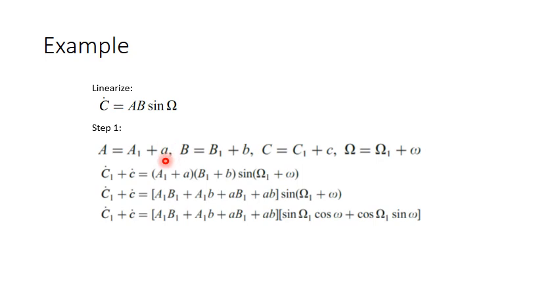This is the perturbation value, times B. So B will be replaced by the steady state value B1 plus the perturbation value small b, times sine omega. This is the steady state omega 1 plus the perturbation, which is a small omega. So when multiplying out, we get this line. So with more simplification, after extracting this trigonometric function, sine of omega 1 plus omega small will equal sine omega 1 cosine omega plus cosine omega 1 sine omega.